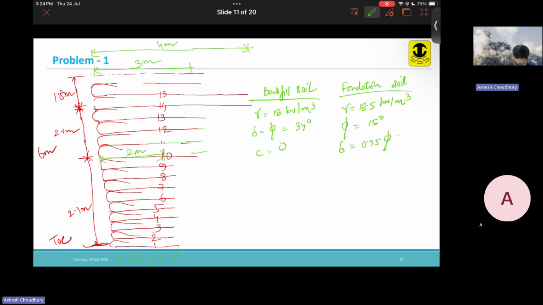This one you can take approximately 10.2 degrees. Square CA is also given. Let's see, 16. So we'll see where we need all this.